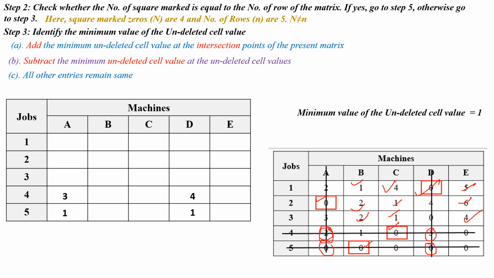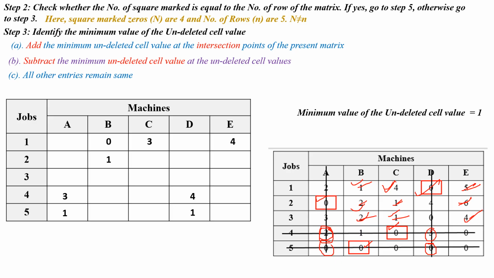Next we subtract the minimum undeleted cell value from the undeleted cell values. These are the undeleted cell values. Among these values we subtract the minimum value of 1. So 1 minus 1 equals 0, 4 minus 1 is 3, and 5 minus 1 is 4.